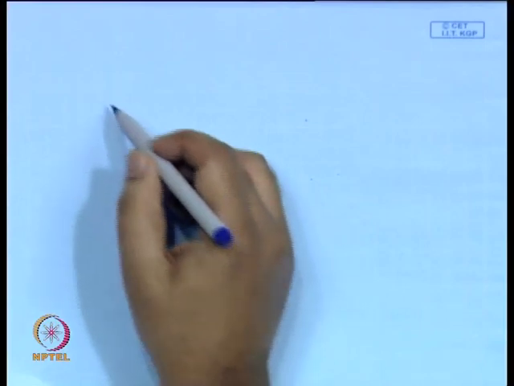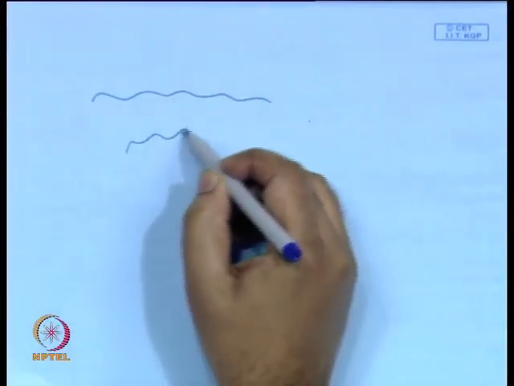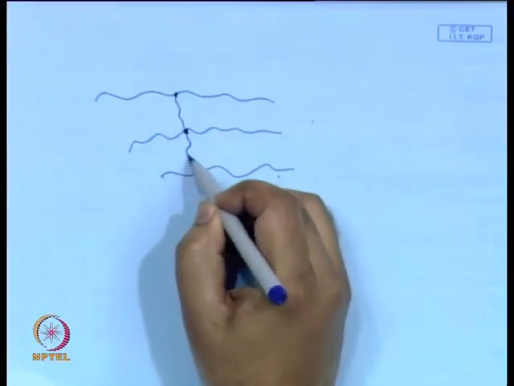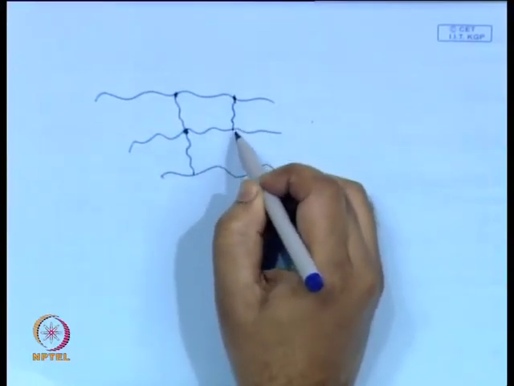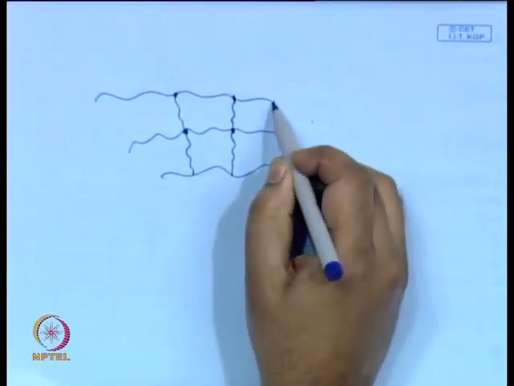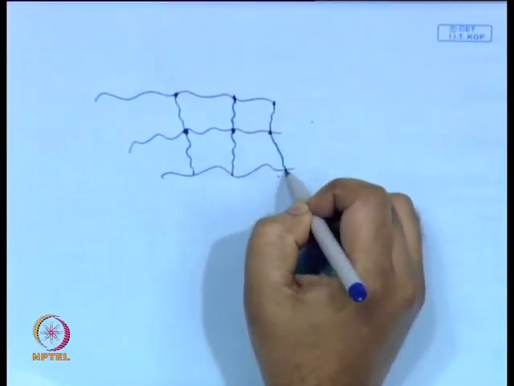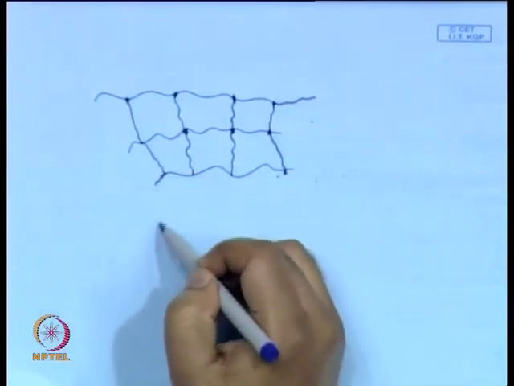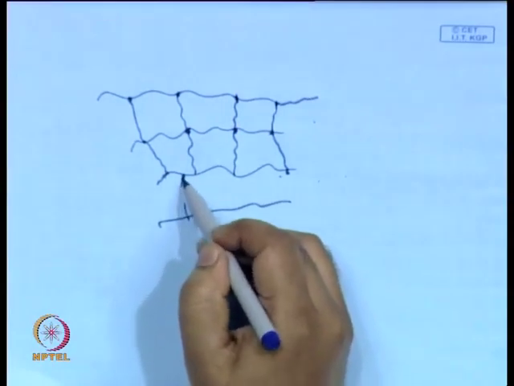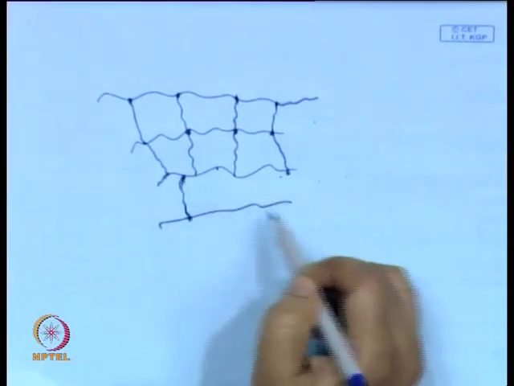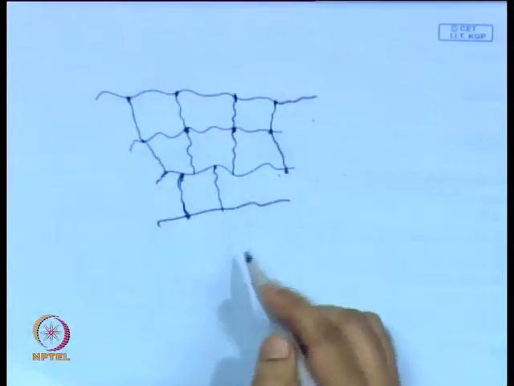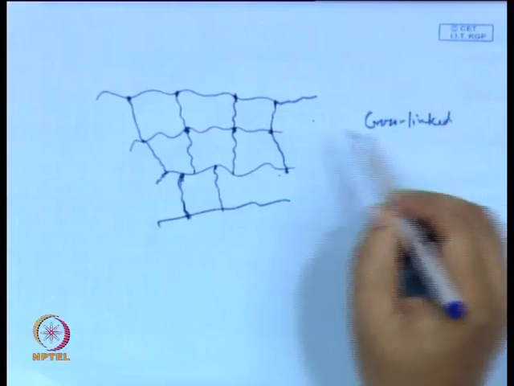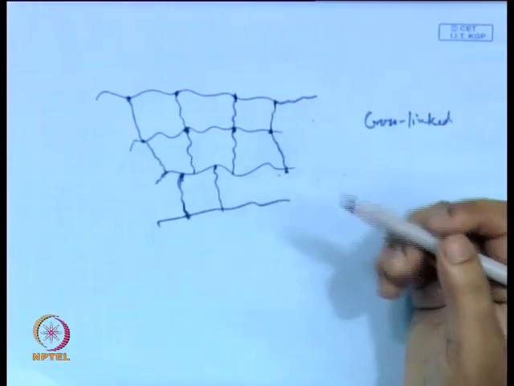For example, if I have different chains in a polymer which are covalently connected, like this, and so on, then this entire polymer is cross linked, so that the individual chains do not exist.